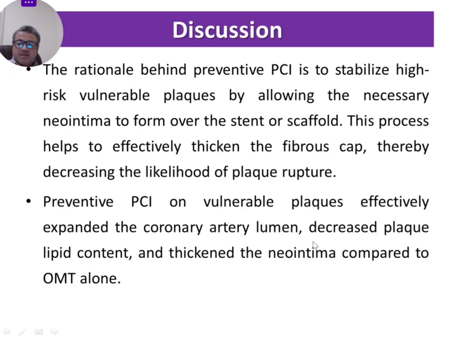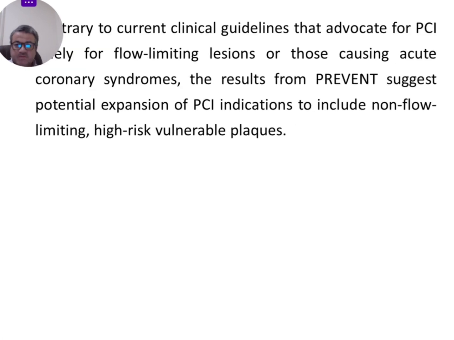Regarding the discussion, the rationale behind preventive PCI is to stabilize high-risk vulnerable plaques by allowing the necessary neointima to form over the stent or scaffold. This process helps to effectively thicken the fibrous cap, decreasing the likelihood of plaque rupture. Preventive PCI in vulnerable plaques effectively expanded the coronary artery lumen, decreased the plaque lipid content, and thickened the neointima compared to optimal medical therapy alone.